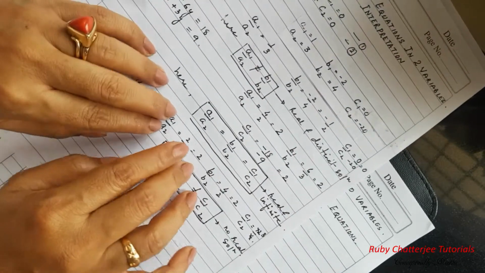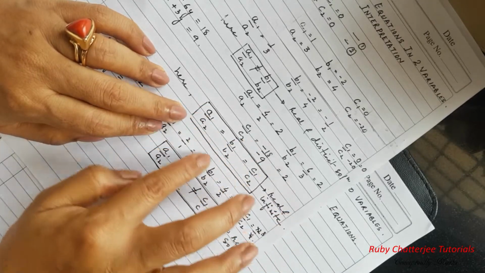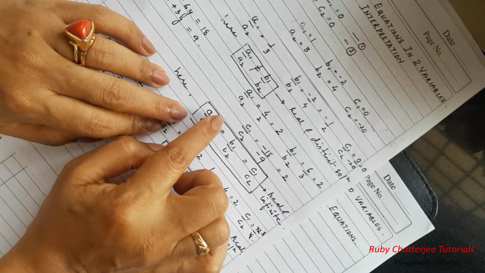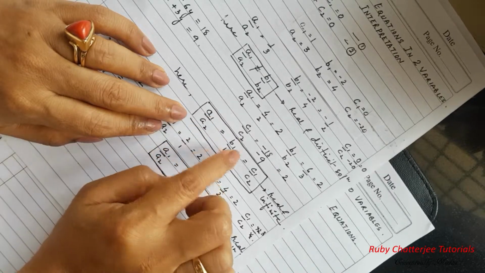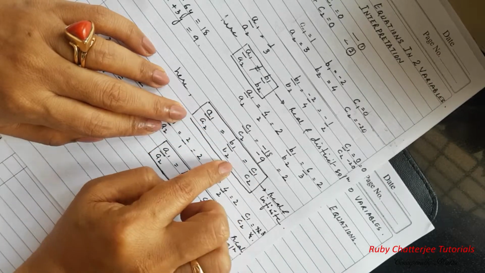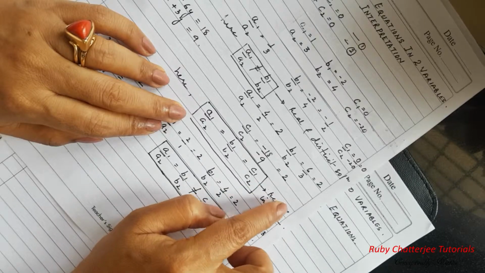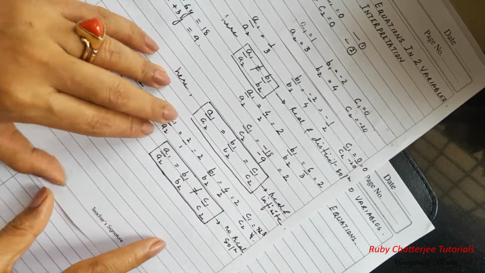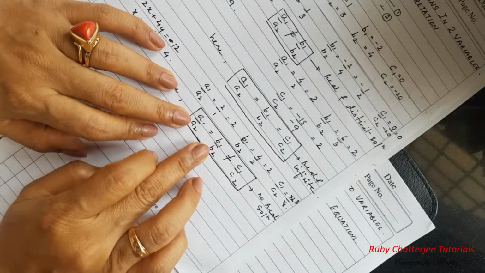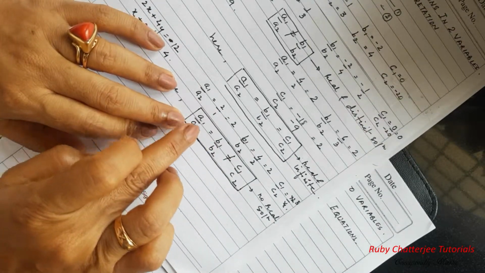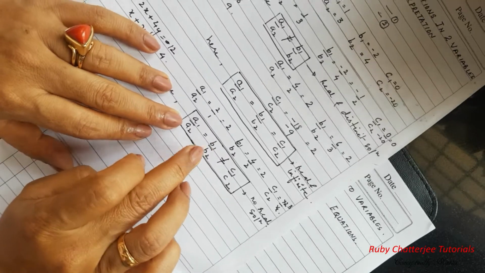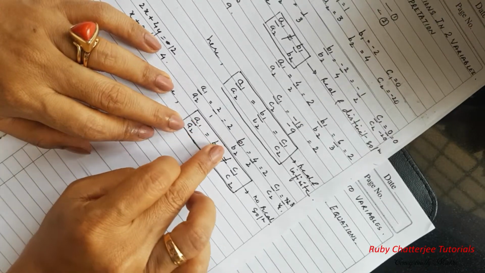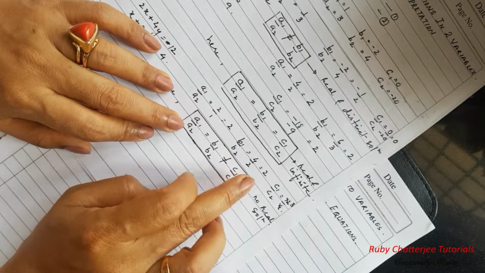In case the system had this relationship between the coefficients, where all the ratios a1 by a2, b1 by b2, c1 by c2 were equal, then they had real and infinite solutions, that is, consistent with infinite solutions. And this was the case where we had no solution, that is, the system was inconsistent, when a1 by a2 was equal to b1 by b2 was not equal to c1 by c2.